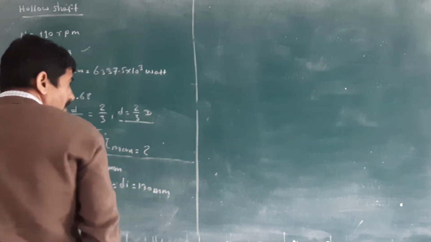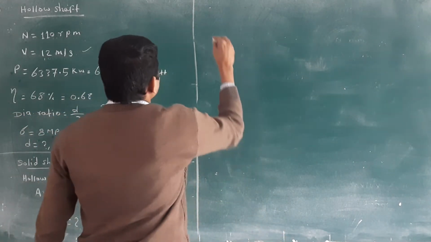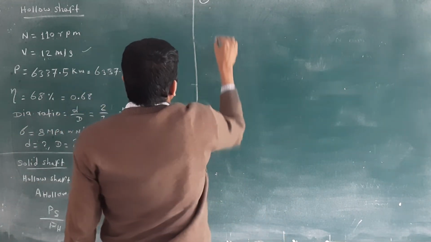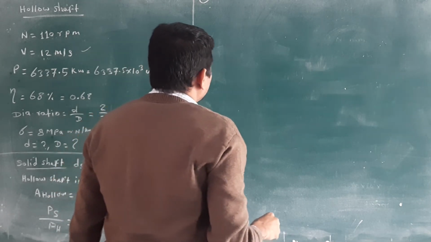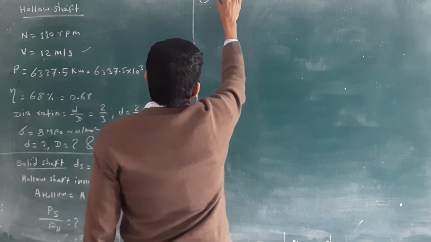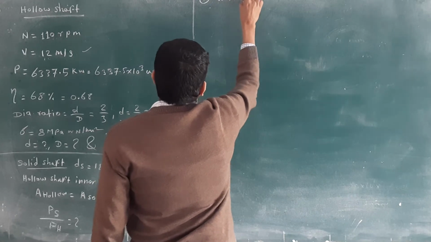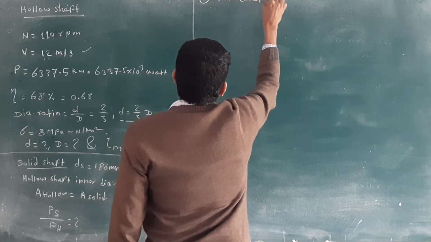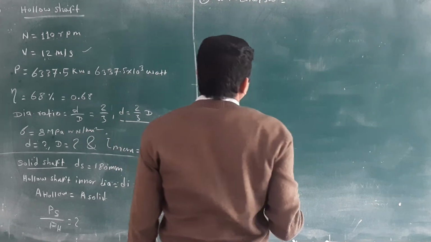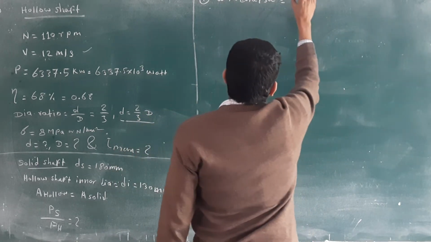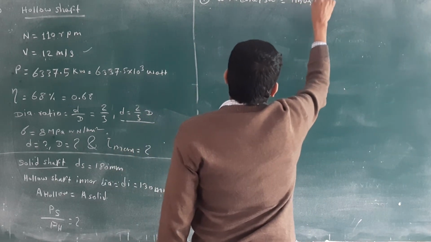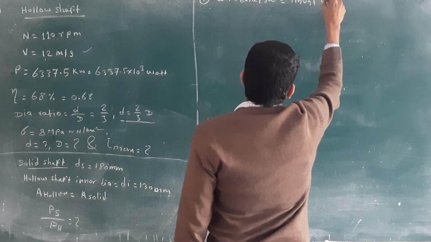First we want to calculate the work done per second. How to calculate that work done per second? We know the velocity is given.